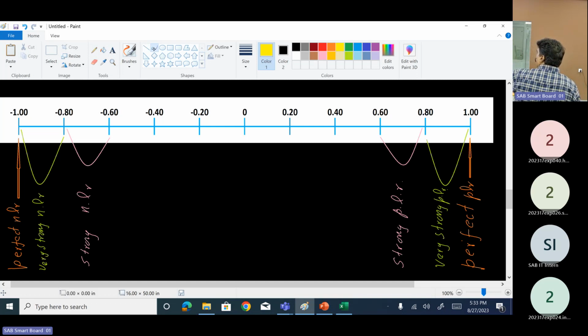So 0.4 to 0.59. So that was strong, little by little reduces. This is moderate. Moderate positive linear relationship.